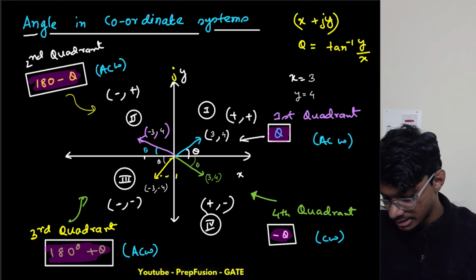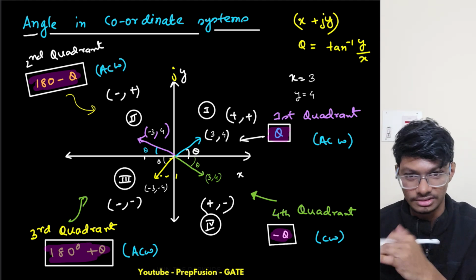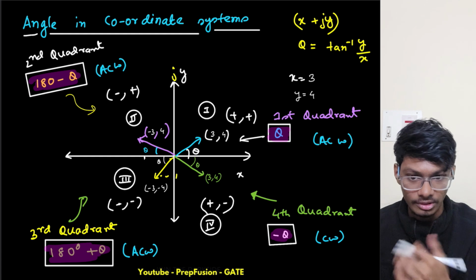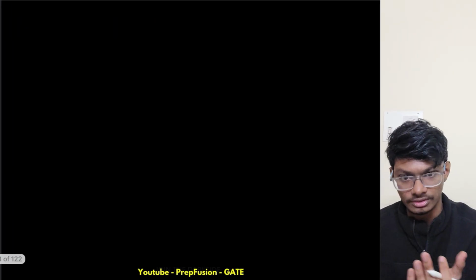So these are the angles of the 4 quadrants. You will understand for each condition when x is greater than or less than 0, so I won't elaborate much. When solving questions, I will explain it to you.